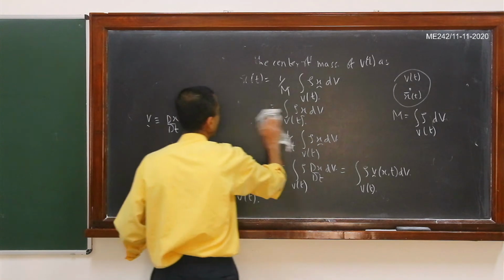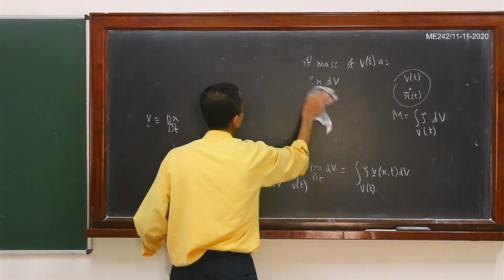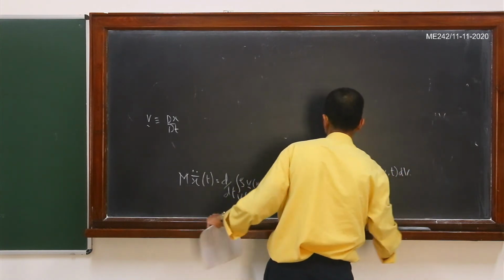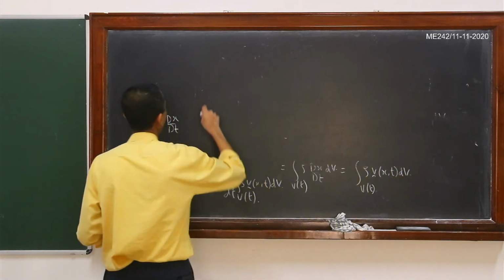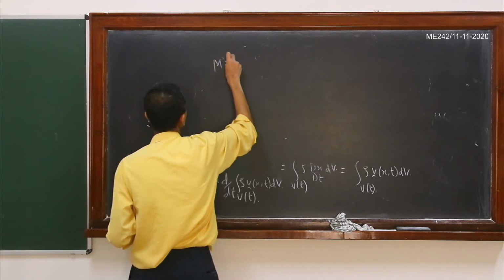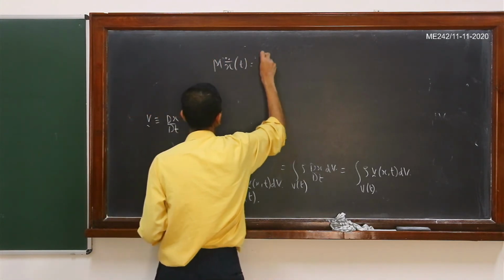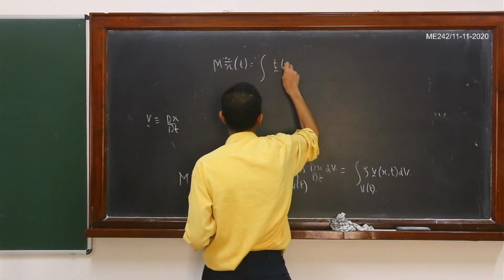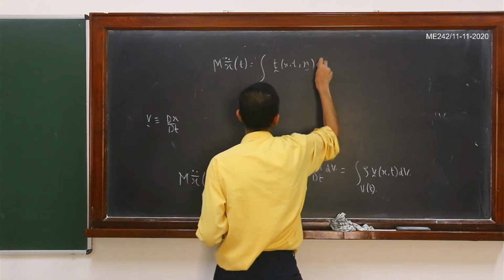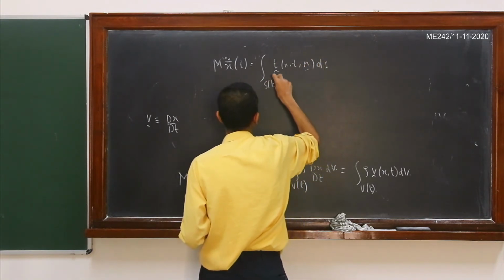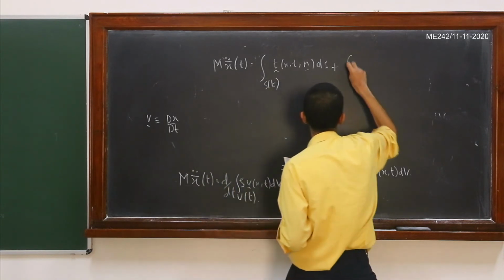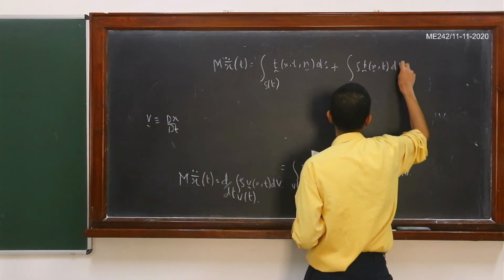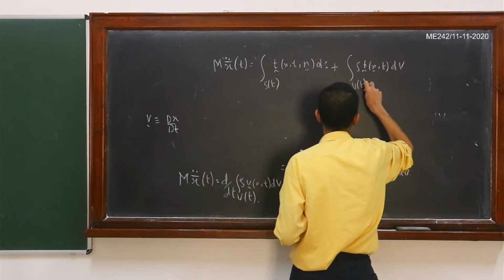So now let us write this in the following way. I can now write m times x bar double dot of t is equal to the integral of t of x, t, n times ds over S of t, plus the integral of rho times b of x comma t times dv over V of t.